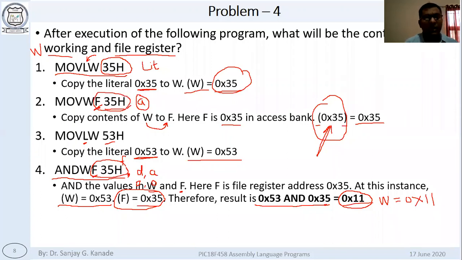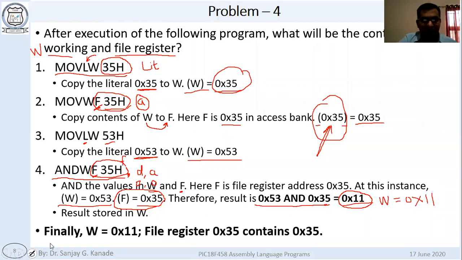Whenever there is F, there is only one reference to the address. F is 35H, and that F contains value 35. So as the result is stored in W, the final answer is W is equal to 11H, and file register 35H contains value 35.